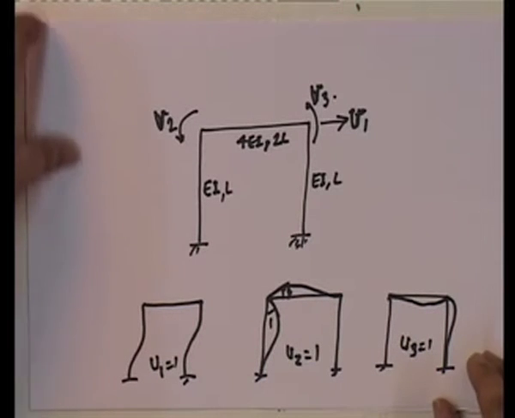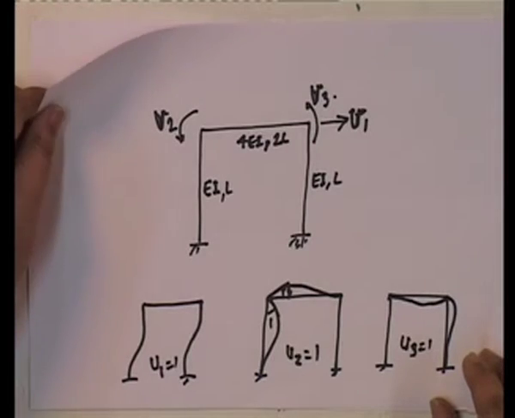So, I have the stiffness matrix for each member, and all I need to do is put these together properly. If you look at this one, what will I get?